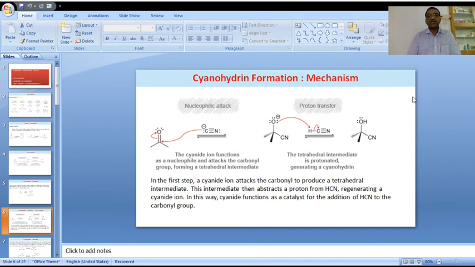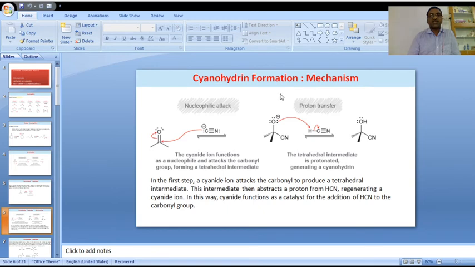In the first step, it is called nucleophilic attack. And the second step is called the proton transfer step. Here the cyanide ion is produced, ionized from HCN.